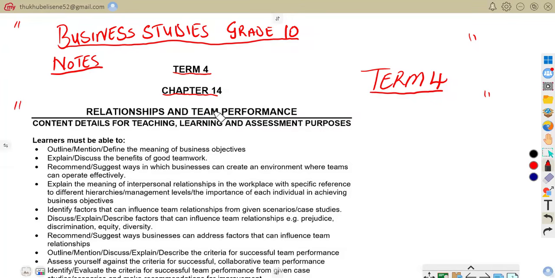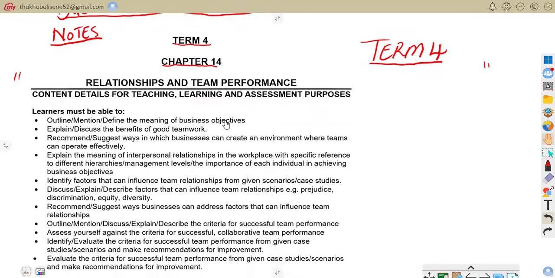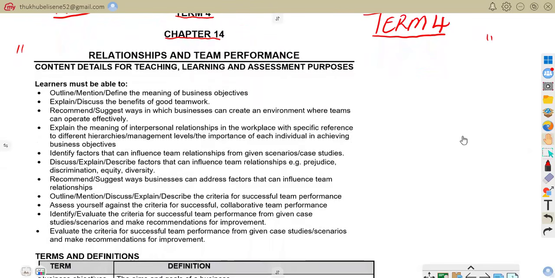That is the last chapter of our Business Studies Grade 10, Term 4. So we are going to look at those notes. Let us be together from the start of this presentation to the end, and let's make sure that we share with others. Without wasting much time, let us attend to Chapter 14, Relationships and Team Performance.